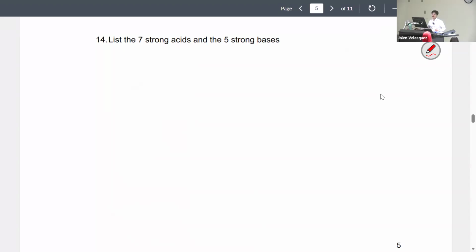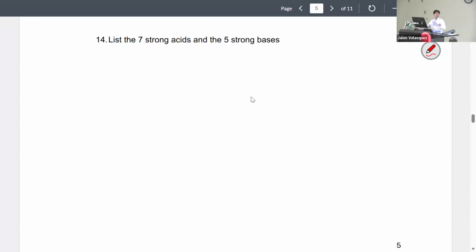The reason that we say it, I don't really agree with it, but the reason the professor says calcium hydroxide is not strong is because it doesn't dissociate that well, which I don't know. I don't make the rules. All right, so just know these. Any questions on that?